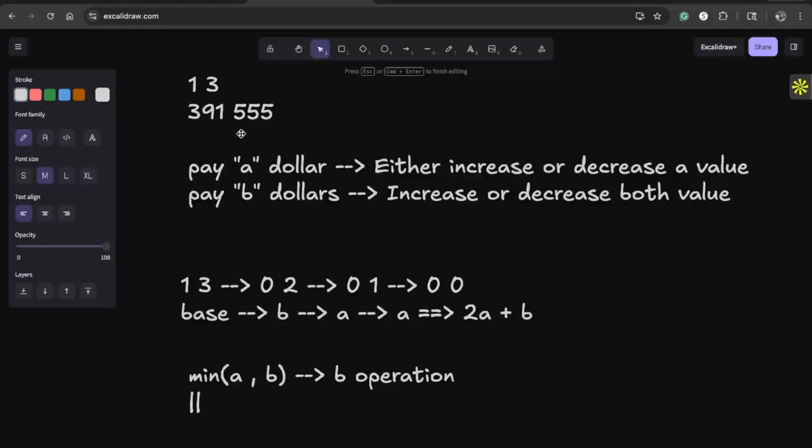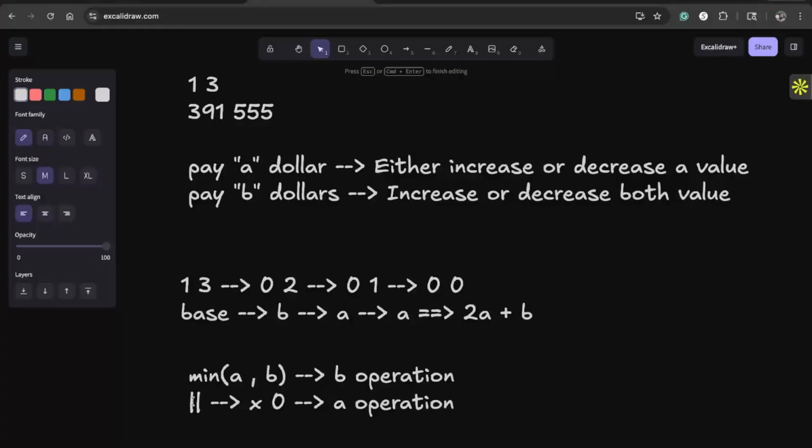Now we can see that once we've performed the b operation, the values that we'll have will be in the format of either 0, y value, or x value, 0. All we have to do now is to perform the a operation either x times or y times. Since we don't know whether y will be 0 or x will be 0, we can simply subtract those values and put an absolute value operator around it.